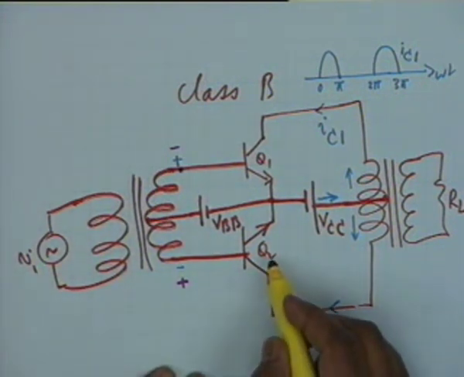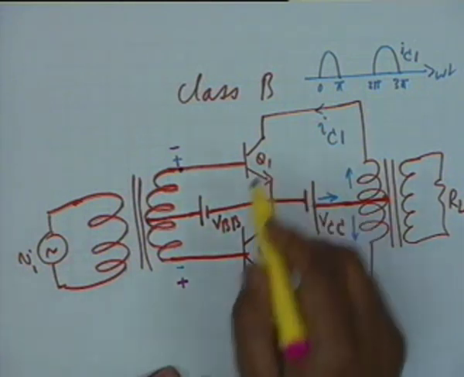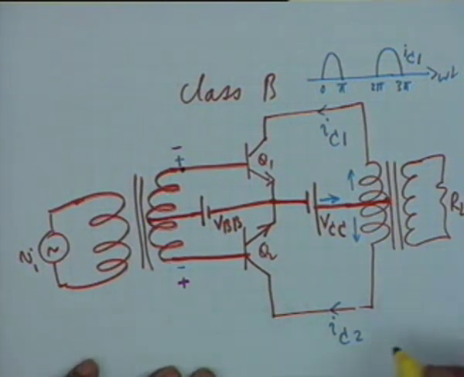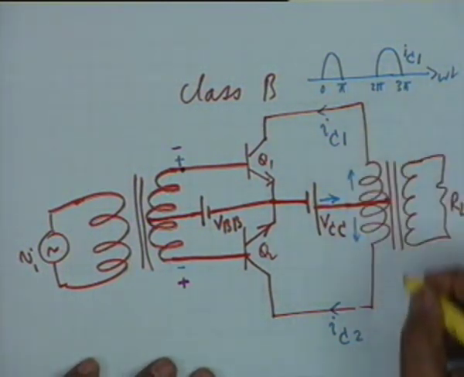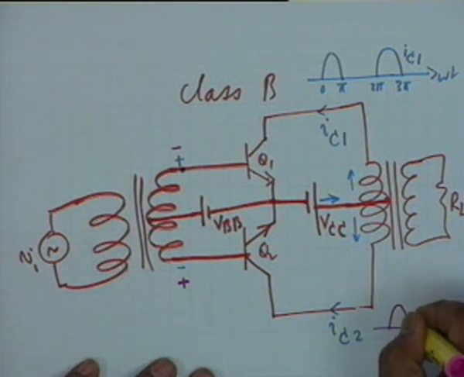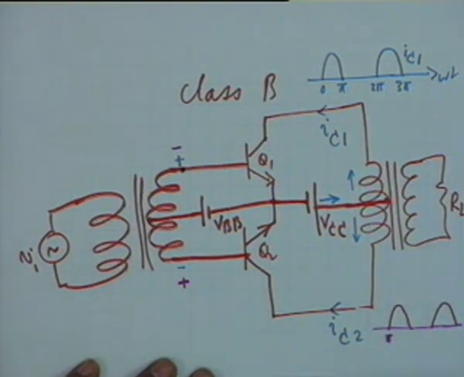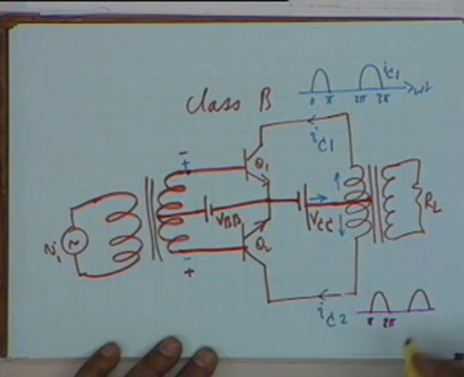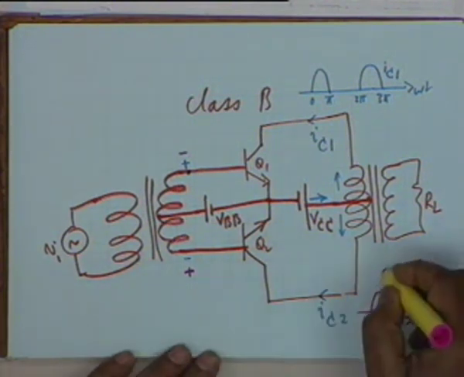Q2 conducts, Q1 does not conduct. If Q2 conducts, I sub C2 flows. I sub C2 obviously shall also be like this, where it will start from pi and go to 2 pi, then 3 pi and 4 pi and so on. This is I sub C2.